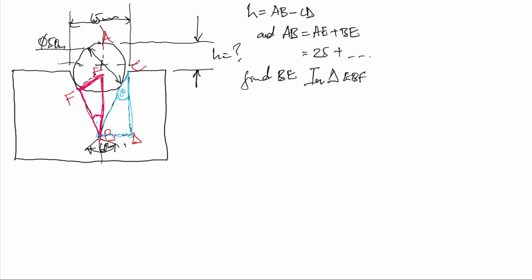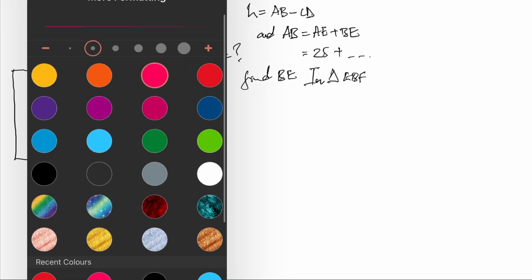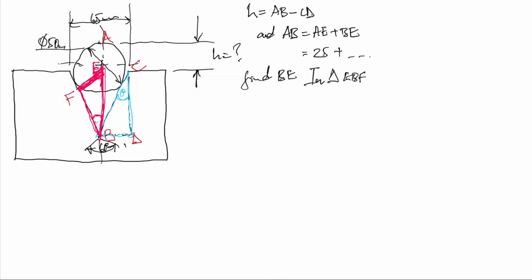In triangle EBF, right from the center, I want you to see our A here. All right, from the center. Now, in triangle EBF, we use the sine of 30 degrees, remember, 30 degrees from half the angle of 60. Sine 30 degrees is equal to EF over BE.